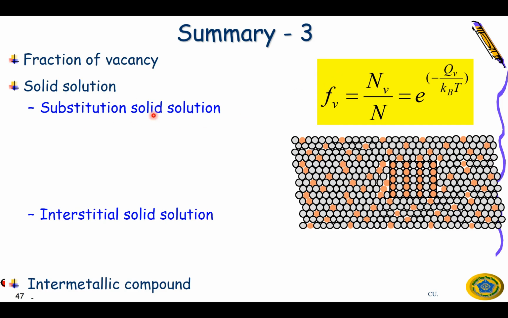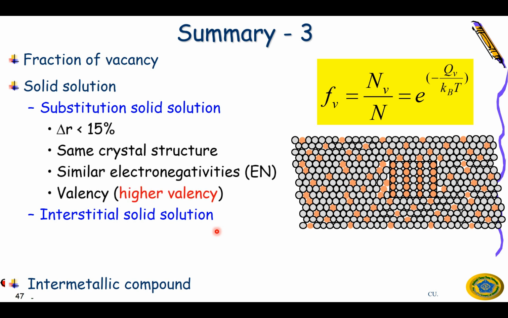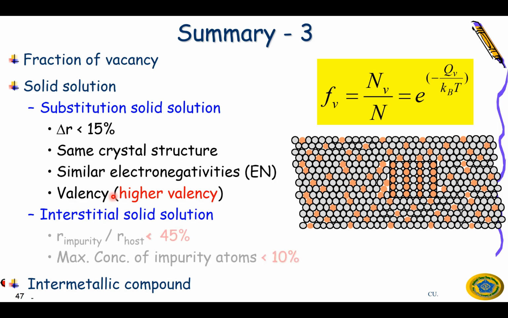And for solid solution, there are two parts, right? The first part is substitutional solid solution. The second part is interstitial solid solution. For substitutional solid solution, there are four factors, right? Size of the atom, crystal structure, electronegativity, valency. For interstitial solution, you need to consider the size of the impurity and the host.